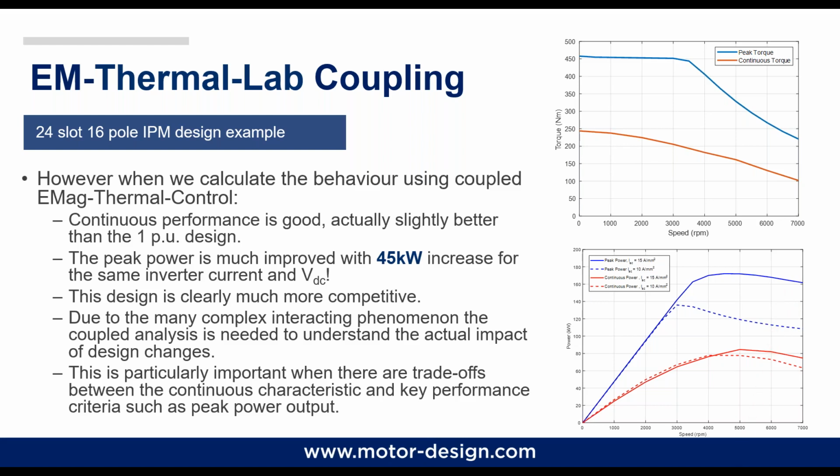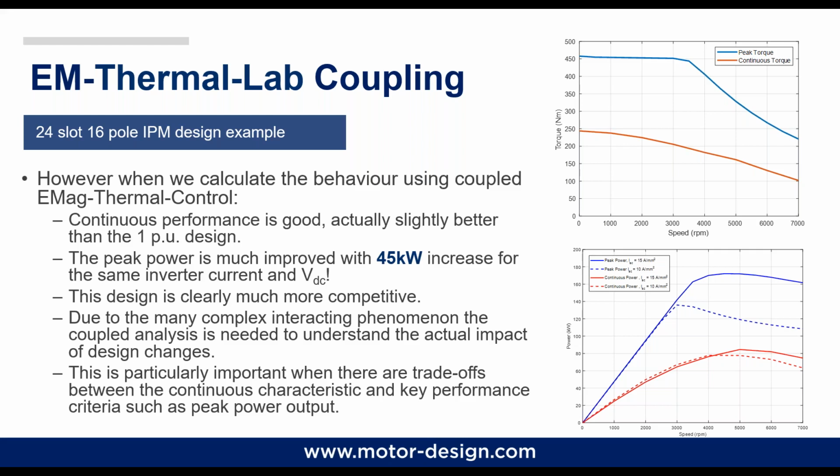So this clearly goes against the conventional design rule, and the biggest difference here is the peak power improvement. Before I said that this 1 per unit design is a good trade-off between continuous performance and peak power. But in this case, we've increased our peak power by breaking this design rule.